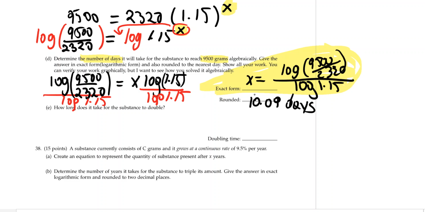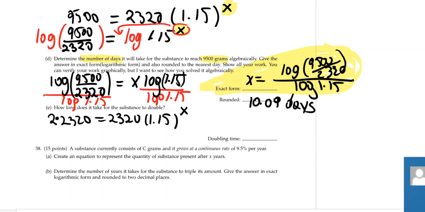How long does it take for the substance to double? Well, if I started with 2320, to double it means 2 times 2320. So I want to see when Y is twice that. This is the same as solving for X, with exactly the same approach. We divide by 2320 and get 2 equals 1.15 to the X, and then apply log.